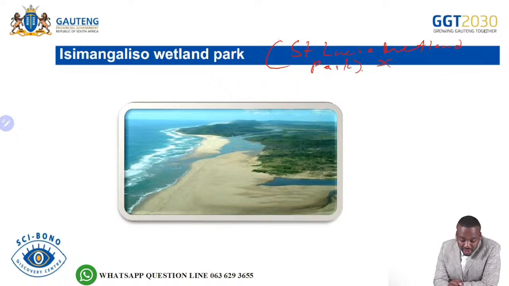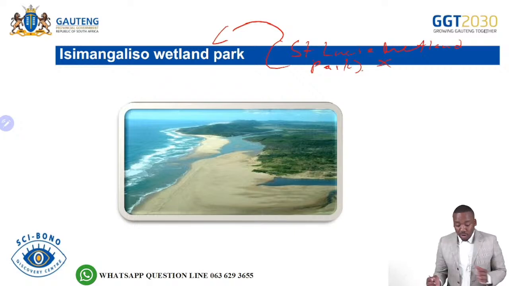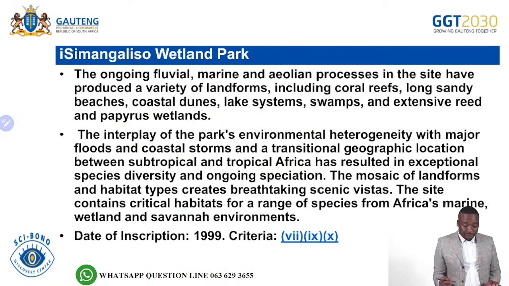Just remember that we are talking about Isimangaliso Wetland Park, formerly known as St. Lucia. When you look at this, you can see we've got some ocean, we've got some trees there, then we've got some wetland. It's like a wetland park, and then we know what happens at the wetland. We've got a group of plants and animals that also live there.